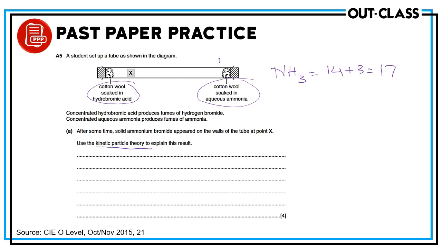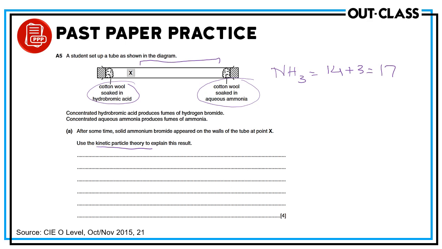It covers a longer distance in the same time, and when it collides with hydrobromic acid particles at the point X, it reacts to form the compound that is ammonium bromide. Right? So you have to explain why one traveled a longer distance, why the other traveled a shorter distance, and when these two particles collide, they react to form ammonium bromide at X.